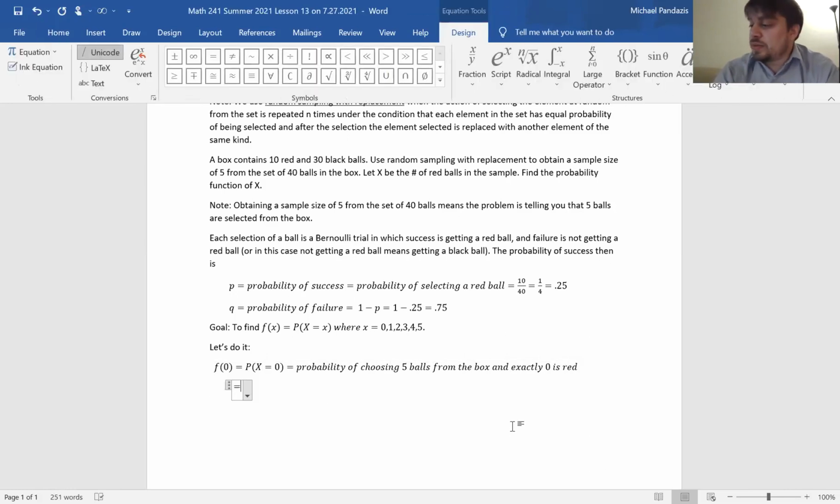Here we're going to use the binomial probability function.